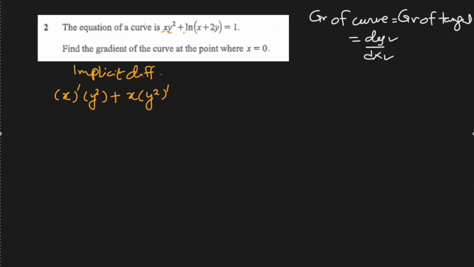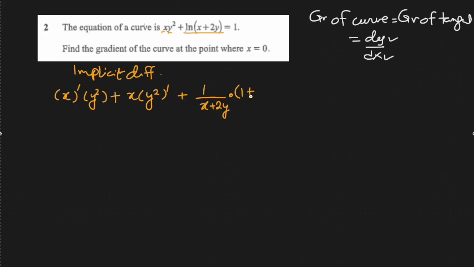Here the natural log is the only one term, even though it has two things inside. So whenever we differentiate a natural log, we reciprocate the content of the natural log, which is x plus 2y. I reciprocated that, but due to chain rule I have to differentiate what is inside also. So what is the differentiation of x plus 2y? The differentiation of x is 1.